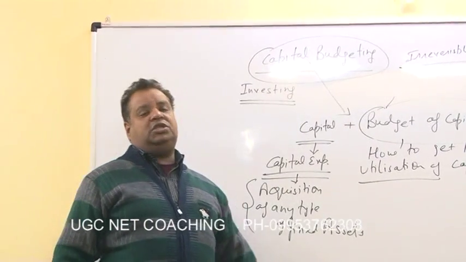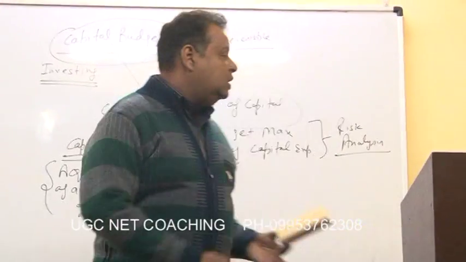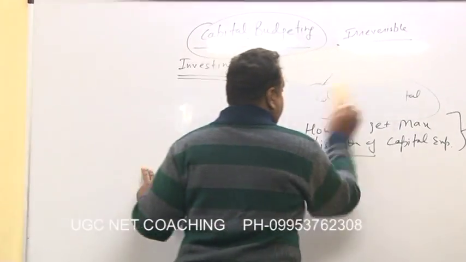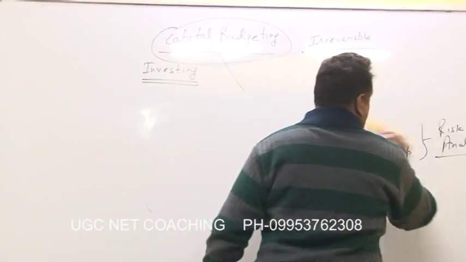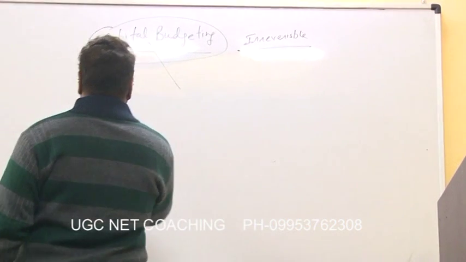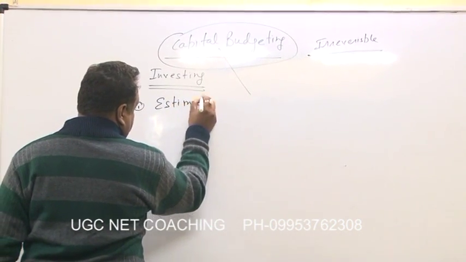Now, in capital budgeting, what are we going to study? How will we divide the contents in case of capital budgeting? First of all, the major work consists in the estimation of cash flows.